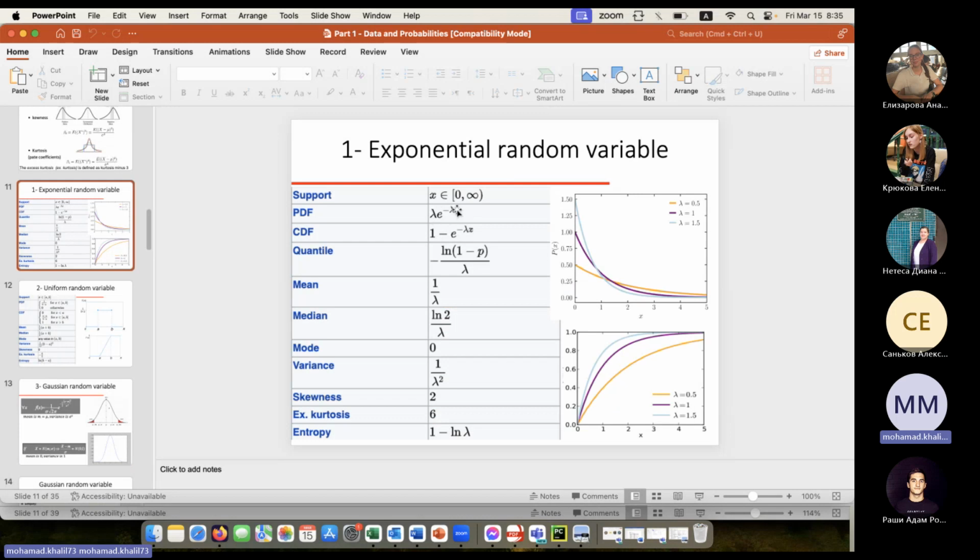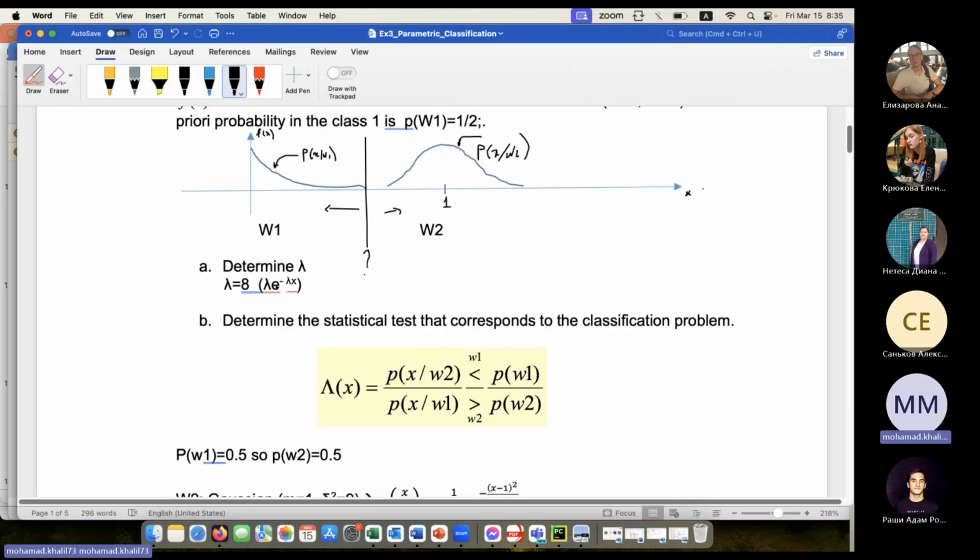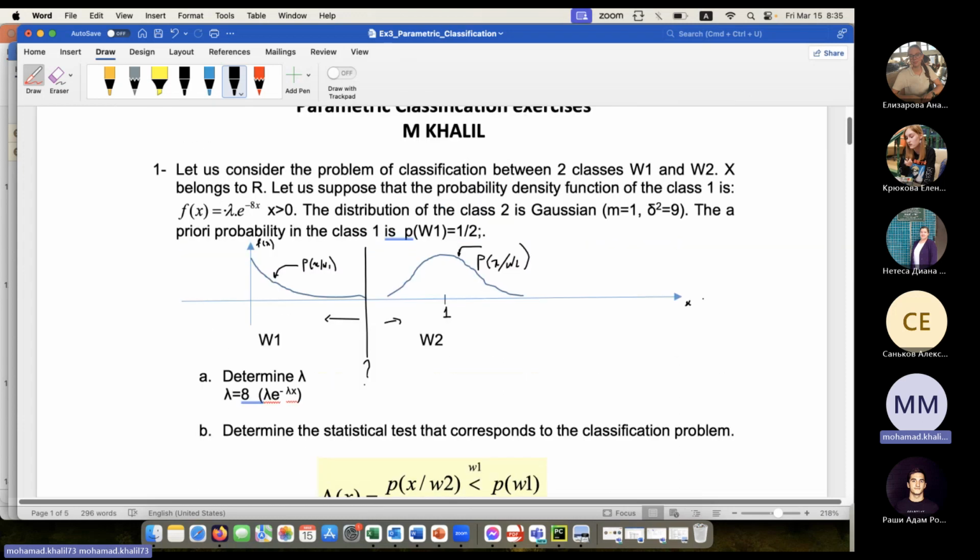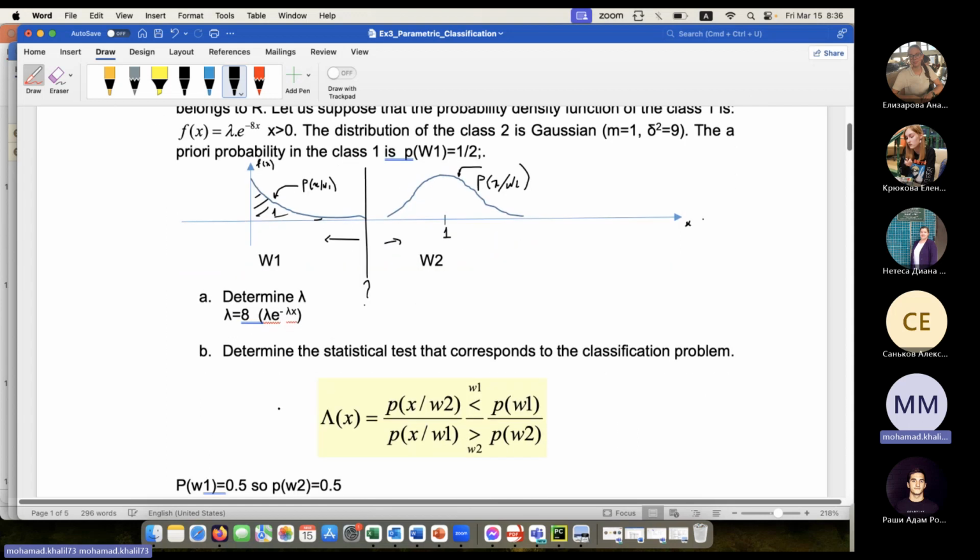Here you have lambda exponential minus 8x, so lambda must be 8, so that the surface is 1. The surface must be 1, so lambda equals 8.